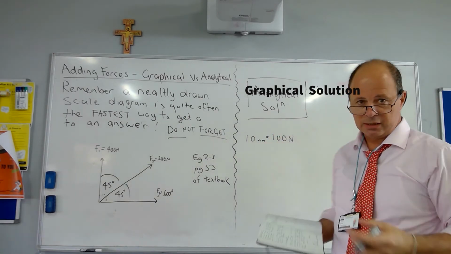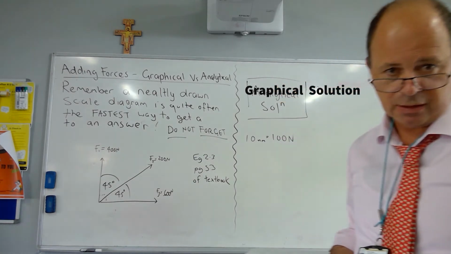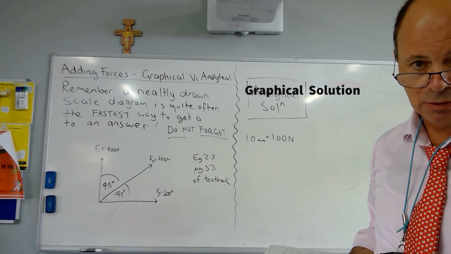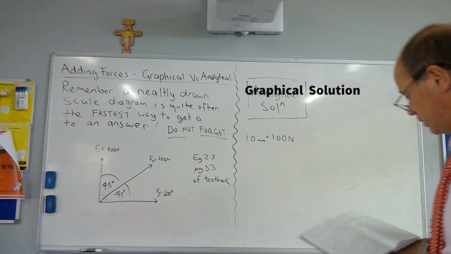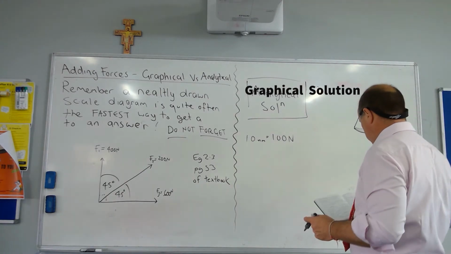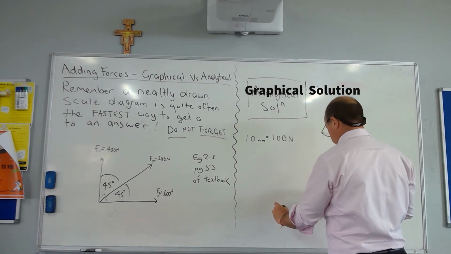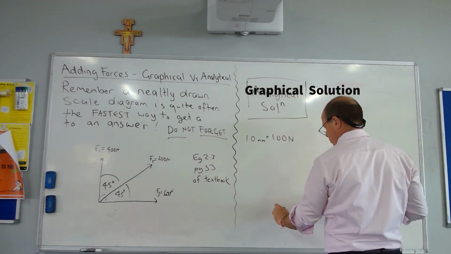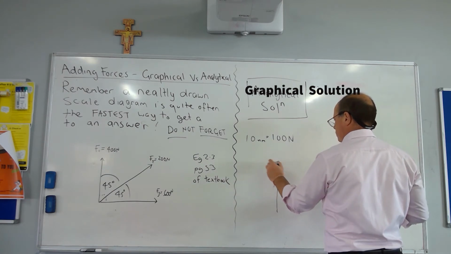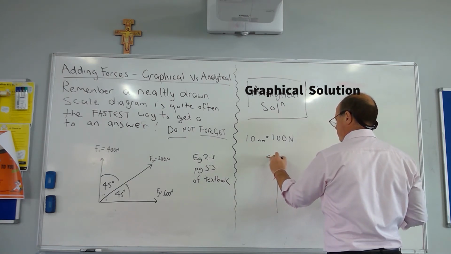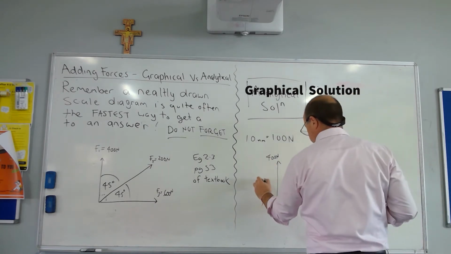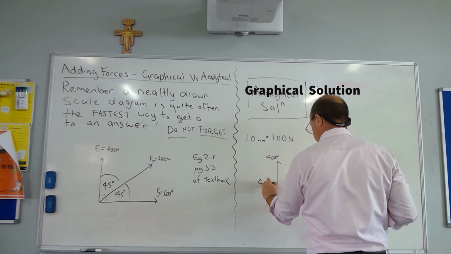So when we get our answer in millimeters, we divide by 10, and that will be the amount of 100 Newton units that we've got. Okay, so it's pretty simple. So we're going to draw a line going straight up, F1, and F1 is 400 newtons. 100 newtons would be 10 millimeters, so it would be 40 millimeters.